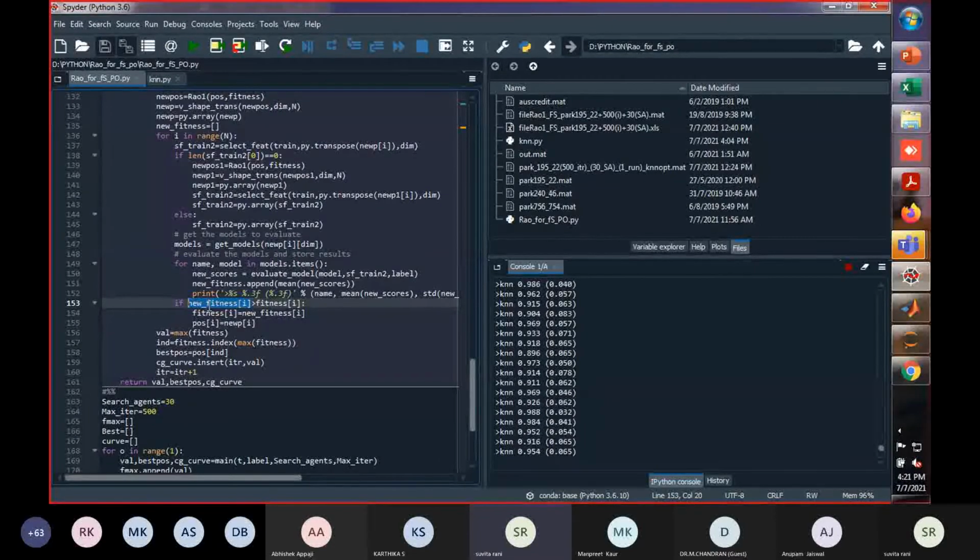If the new fitness values are better than the old accuracy values, then we update the position as well as the accuracy value, to select the best among all the search agents.